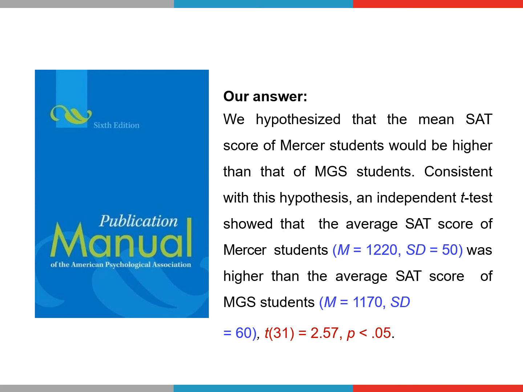Either way, however, you're still going to report it using this notation. And again, note the italics, guys. So M, SD, t, and p are all italicized, okay? And that's just part of the conventions of APA style.